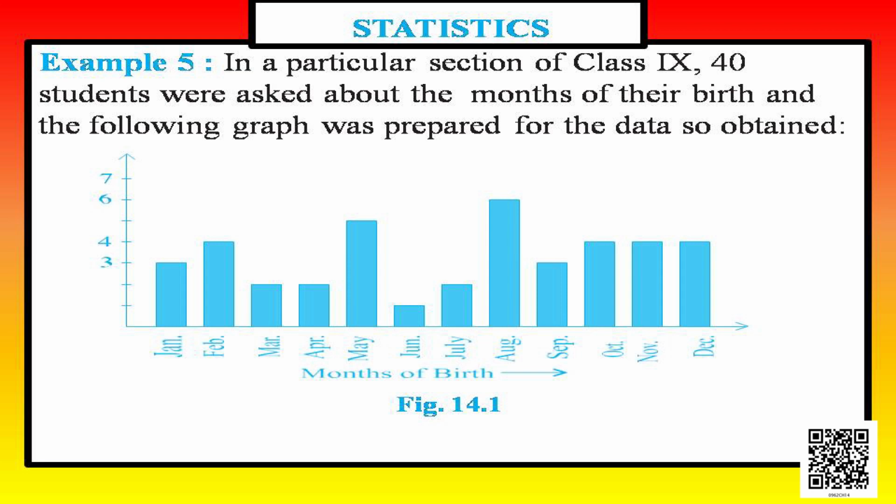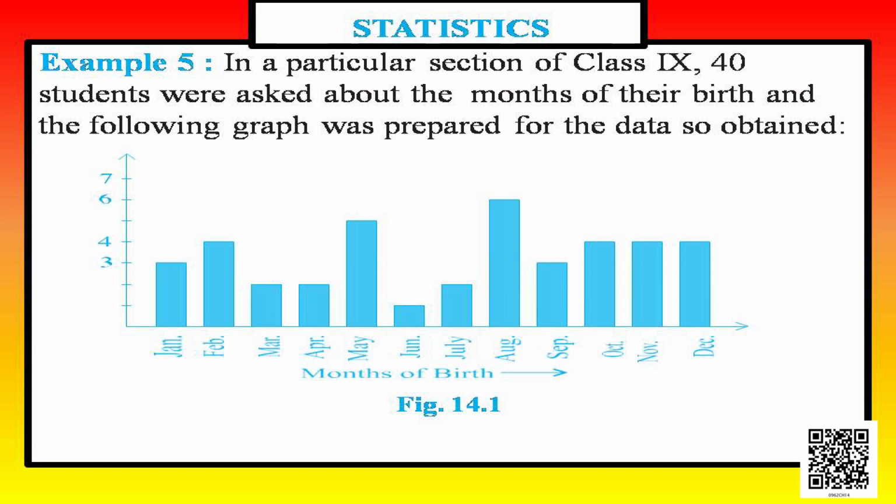In the month March we have 2 students, in April we have 2 students. So, we have made 2 bars along the line 2. Then in May we have 5 students, in June 1 student, and July 2 students, and similarly all the months were covered.